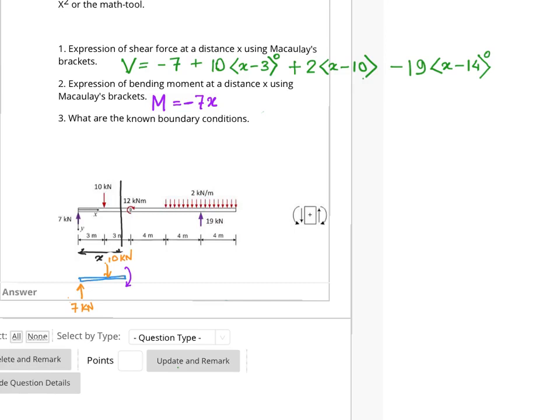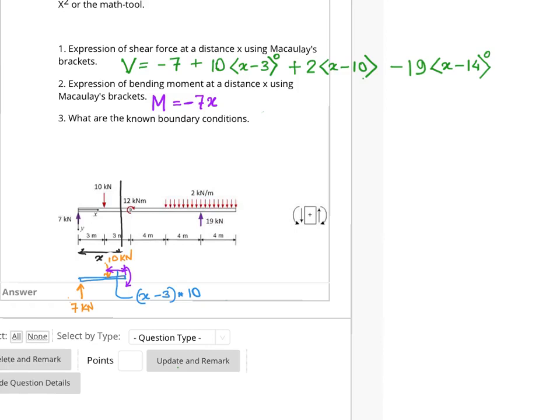So what would be the value of that moment? That would be 10 times this distance. So what is this distance? This distance is nothing but x minus 3 meters. So the moment would be 10 times x minus 3 meters. That would be the moment created at this cross section due to the 10 kilonewton load.